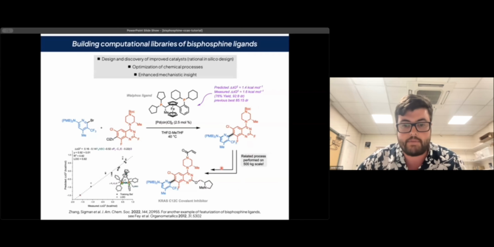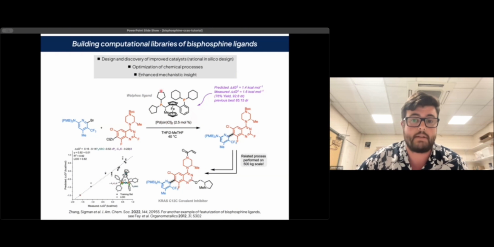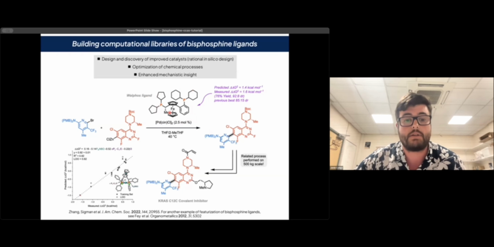And this can be readily converted in a few steps to this KRAS covalent inhibitor. And I think since the publication, this reaction was performed on a 500 kg scale. So it shows the power of being able to use featurizing and calculating ligands to predict new ones for a particular process.